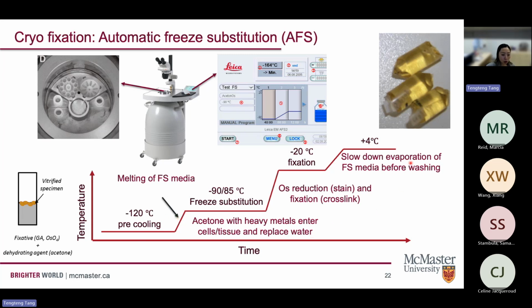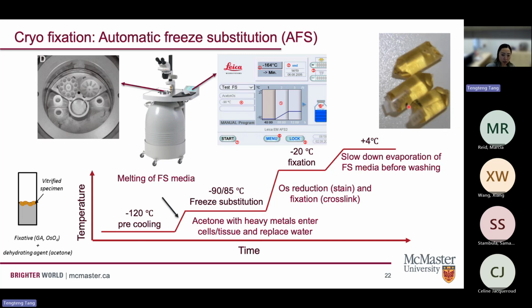And typically, the whole process will go through several steps, very gradually warming up all the way to room temperature eventually. And the idea is to let those fixatives and heavy metal agents gradually enter the cell's tissues during this warming process.